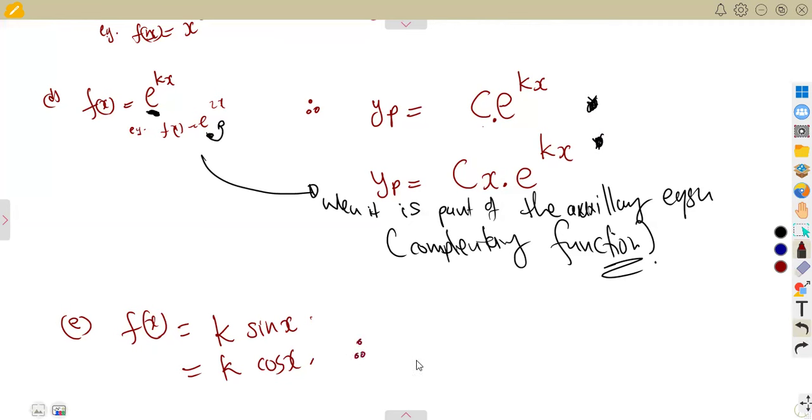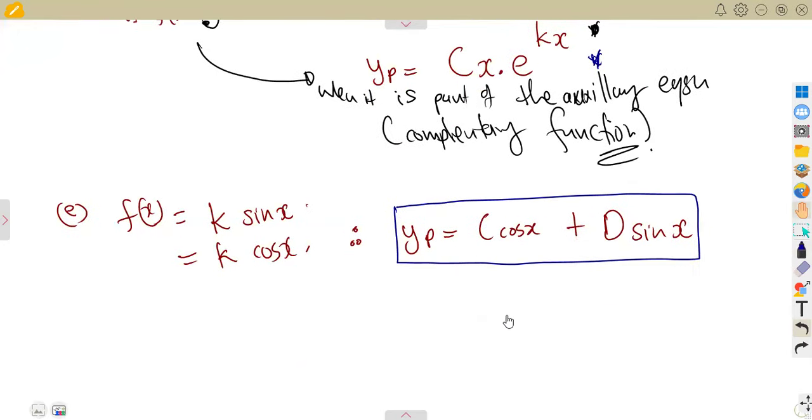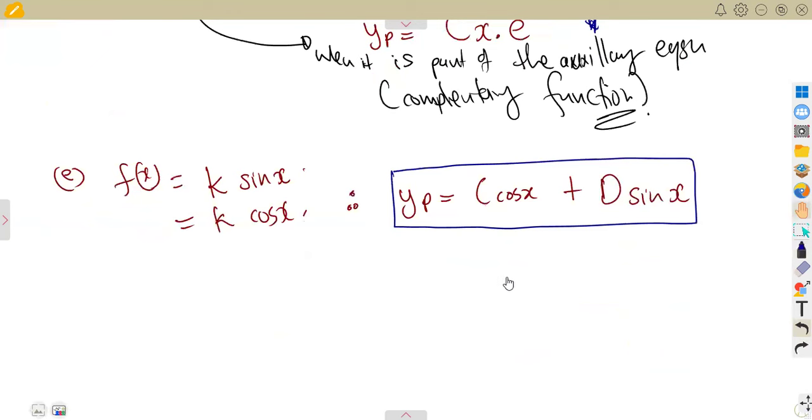In that manner, you're going to assume your particular part as c cos x plus d sine x. So this will be your particular integral. This is the format. The constants, you must calculate the constants. All these constants that we are seeing here should be calculated.